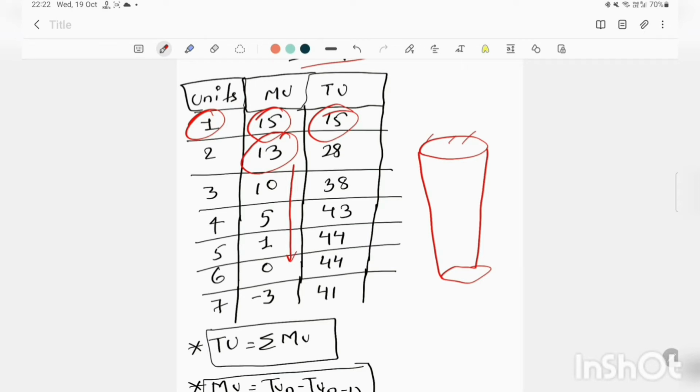At one particular point it can come to 0 and later on it can go negative, because we cannot drink water on a regular basis, otherwise it will be dissatisfactory for us, right? So we can see that marginal utility can be 0 or can also be negative, but total utility can never be negative. So we need to remember that.